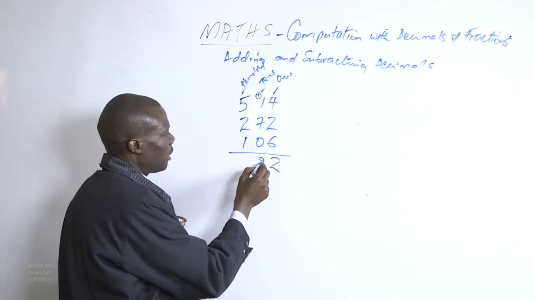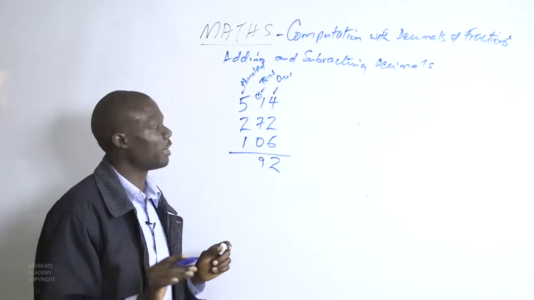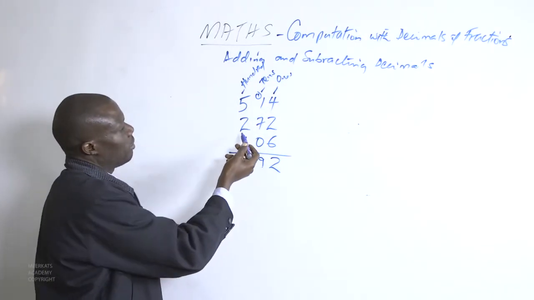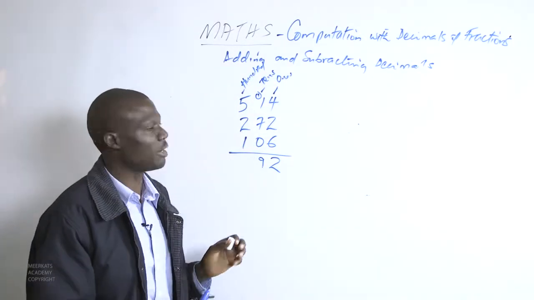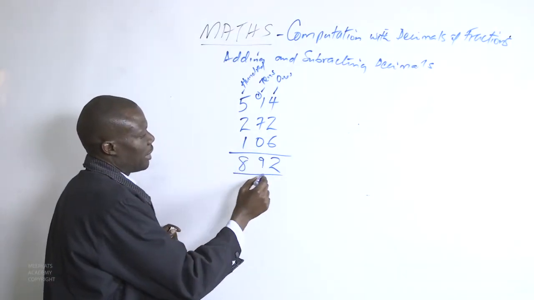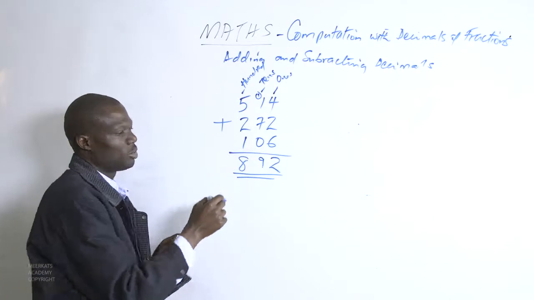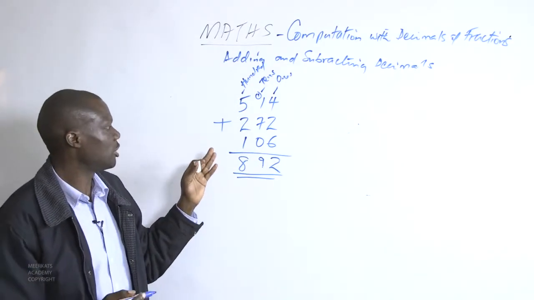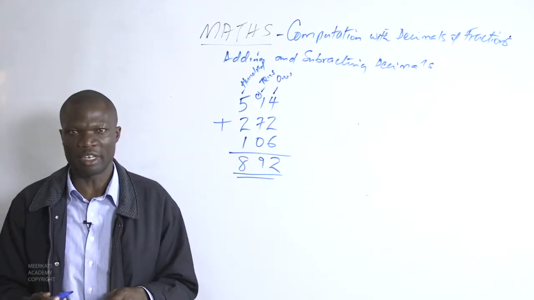So we shall have our 9 here. We have carried nothing. We have 5 plus 2 is 7, plus 1 is 8. So we have 892 as the sum when we are adding whole numbers.